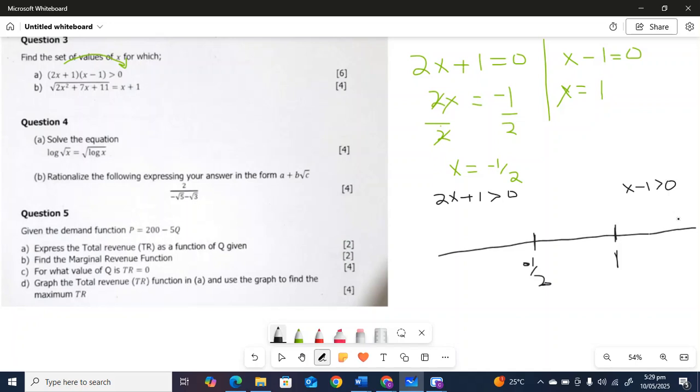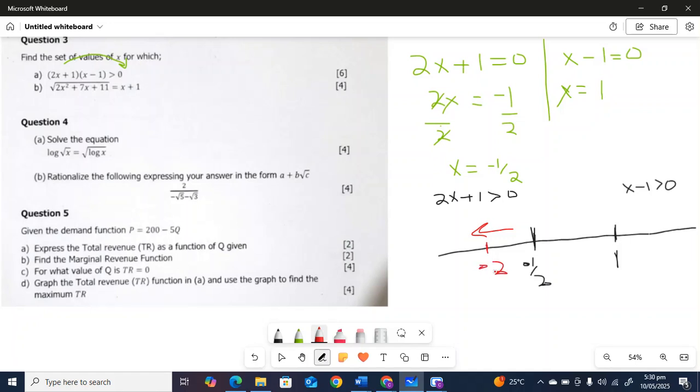Okay, so we start with negative half here. We can try any value which is less than negative half, and we put it into this equation, and we're going to see if it holds the inequality true. Negative 2, we can use negative 2 here.